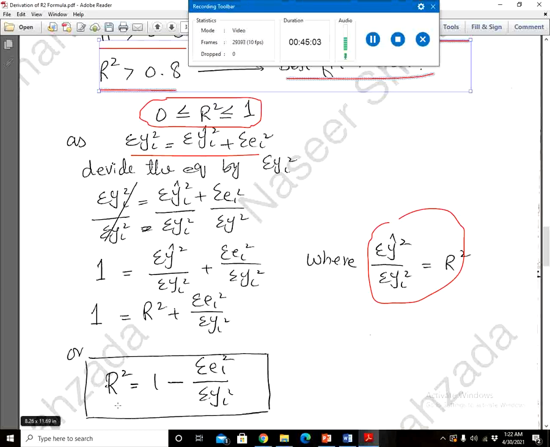So this is a very good equation, that R square is equal to 1 minus summation ei square divided by summation yi square, that is, the sum of square of unexplained variation divided by the sum of square of total variation. This is all about R square.